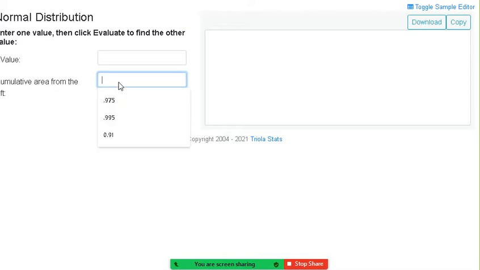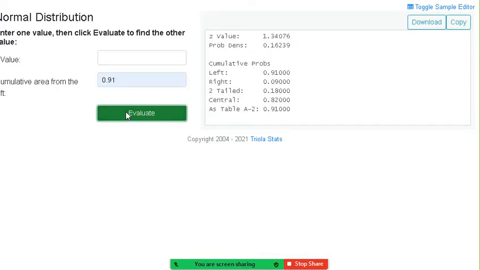So let's put that area in here. It's 0.91. And what I like about StatDisk in this case at least is that it just gives you everything. And of course what we want is right up here, 1.3408. So you're free to use either one. That's why I showed you both.